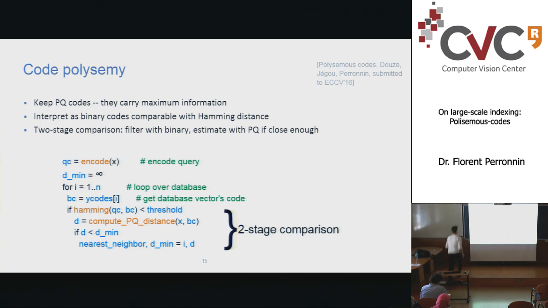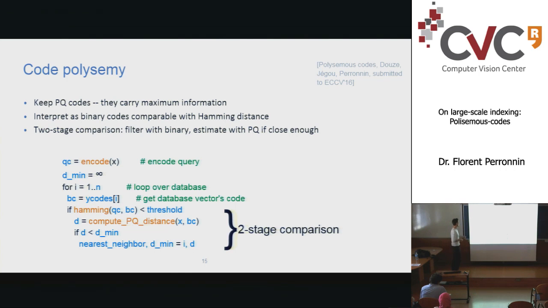And now what we propose to do is a two-stage comparison, where first we view these PQ codes as binary, and then we compute a very fast Hamming distance between the PQ codes. And then, if the PQ codes are close enough, we go to the second stage and compute the distance in the PQ space, which is much slower to compute, as I showed you.